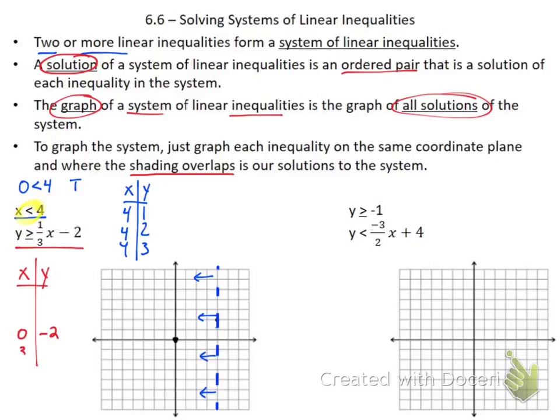By threes, so negative 3 and negative 6. So I should have 0, negative 2, then 6, 0, and 3, negative 1, and then negative 3 and negative 4.